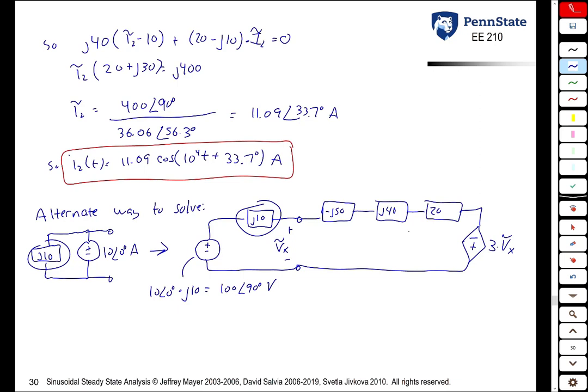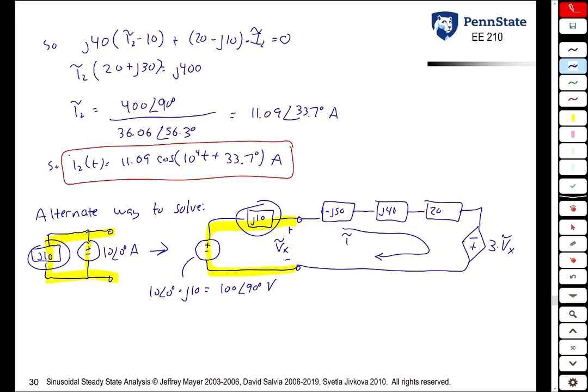And this current is still our current I that we're looking for. The idea behind this source transformation, though, using that instead of this, is we now have a single loop that we can work with.